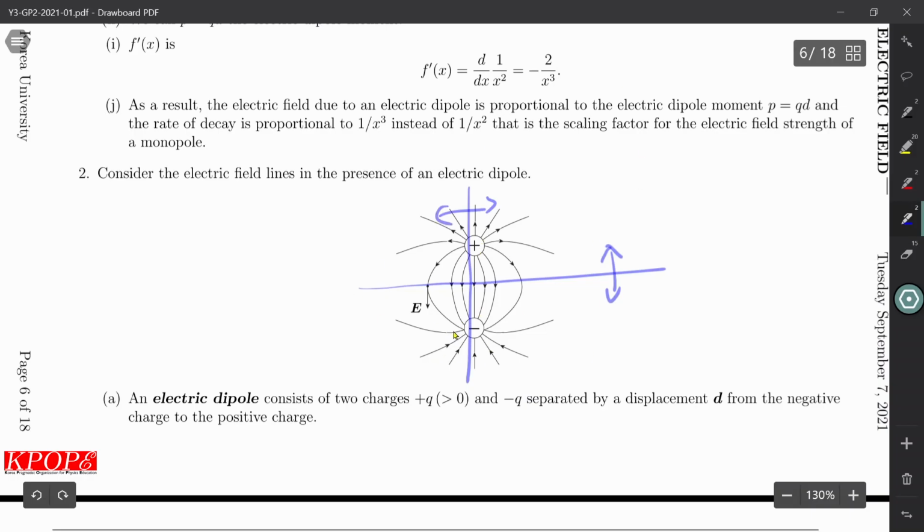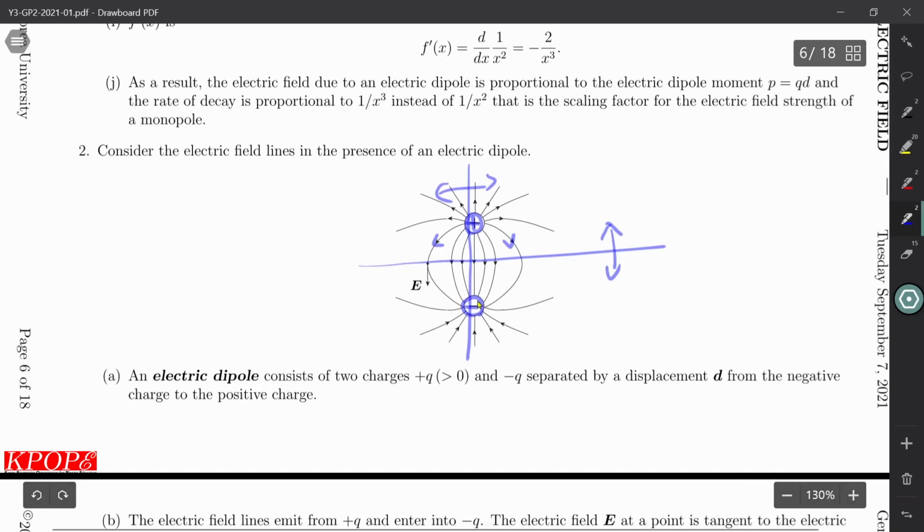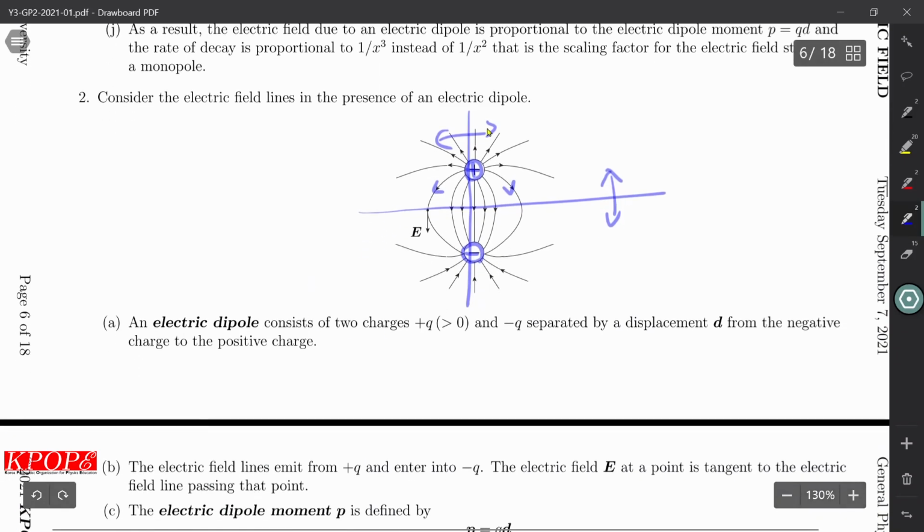They are of equal charge except for the sign. So the electric field comes out of the positive charge and enters into the negative charge. So this is an electric dipole.